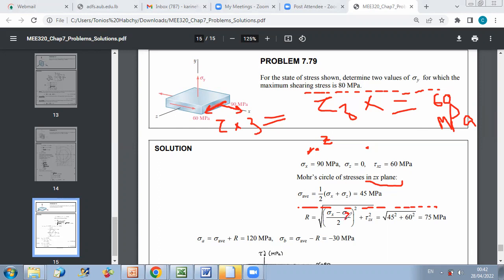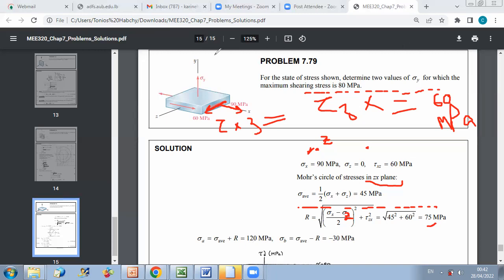Please note you have a typing error. It's the square root of (sigma x minus sigma z over 2) squared plus tau zx squared. So we get the radius of this circle. And for this circle in plane zx, we can determine the principal stresses as sigma A equals sigma average plus radius, and sigma B equals sigma average minus radius.